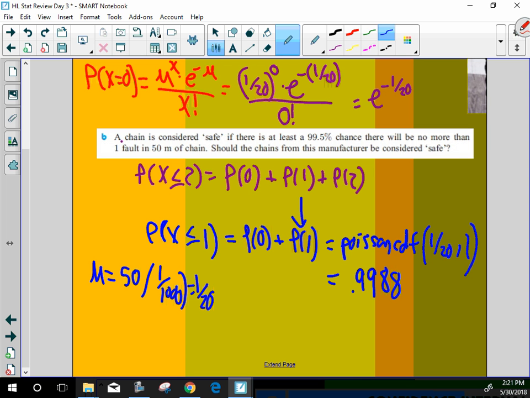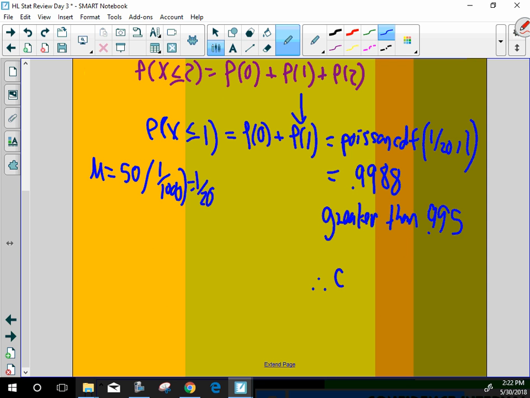Okay. So at least, is this probability here greater than 0.995? Yes. Therefore, the chain is safe.